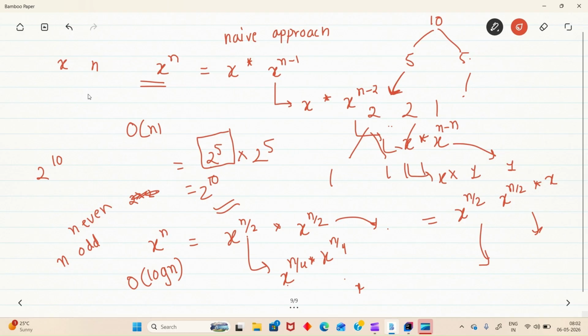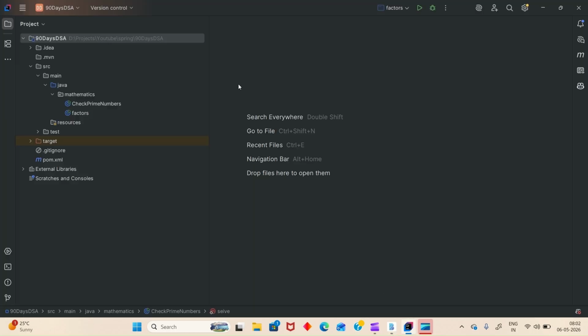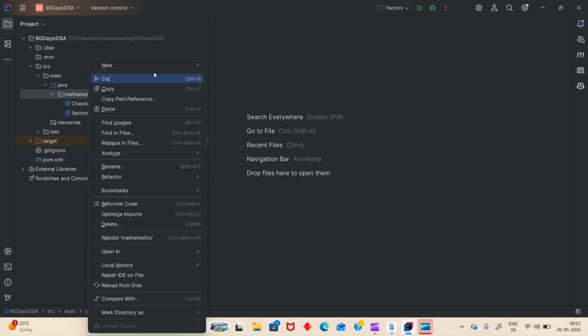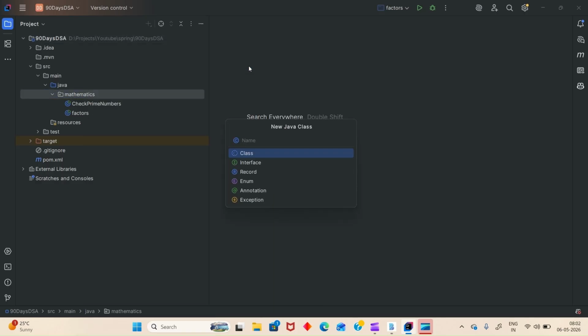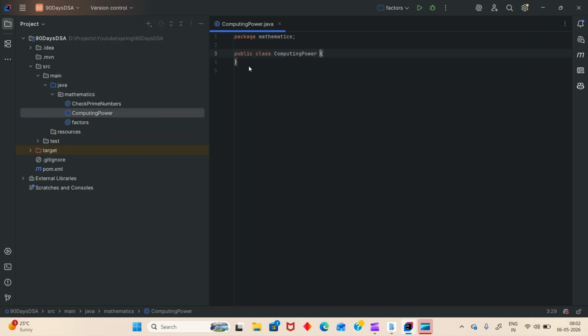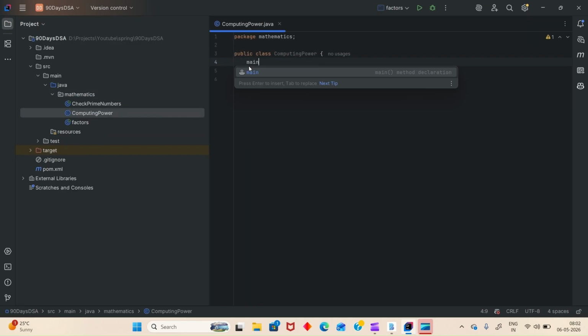Okay, now let's write the code for computing power. We'll write a method public int power, int x comma int n.